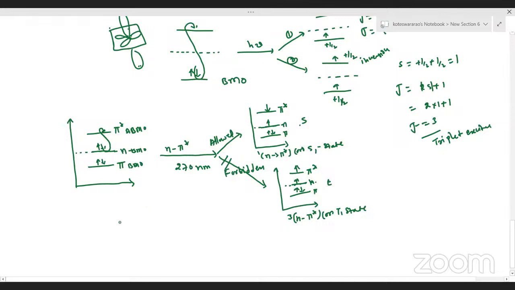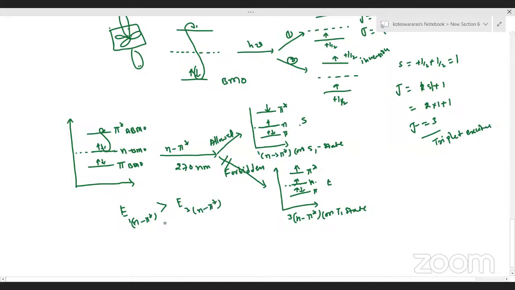Now, when we compare the energies, the energy required for the singlet transition is greater than the energy of the 3 n to pi star.